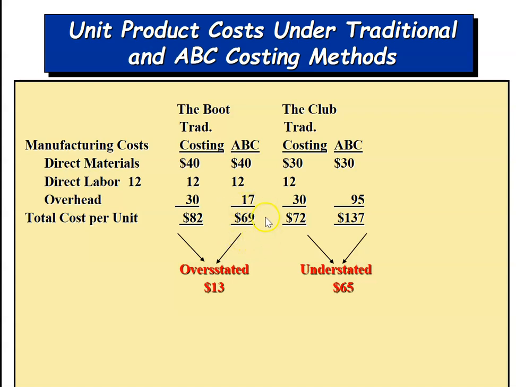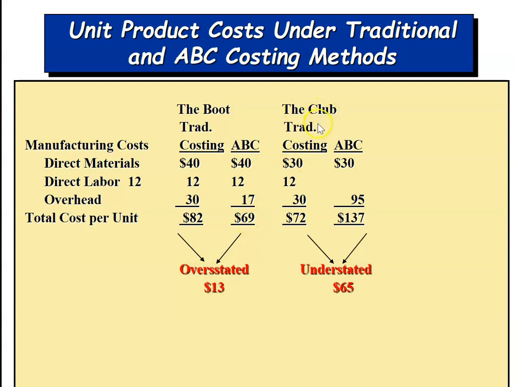We're far more accurate here. What that essentially means is that we were trying to sell a high volume product for far too much money. When we have an overpriced product, we're going to have a hard time selling it. And that's exactly what we have going on here under traditional costing. Now we have more accurate costs.